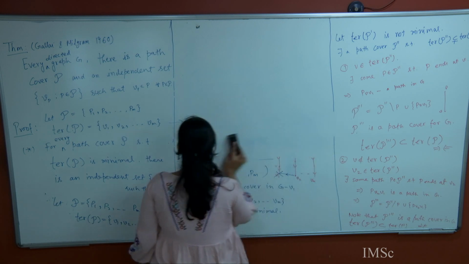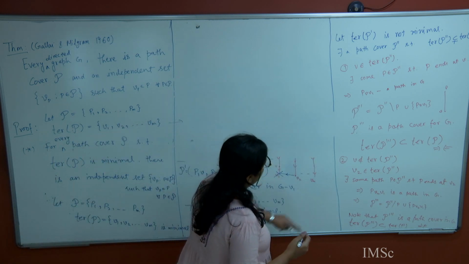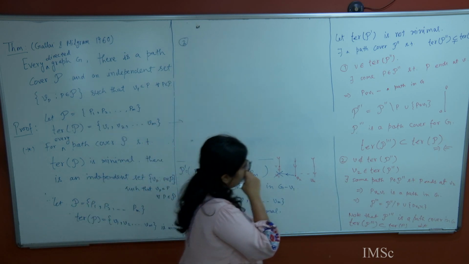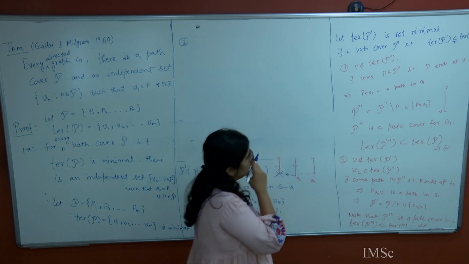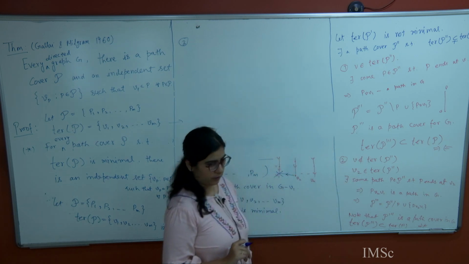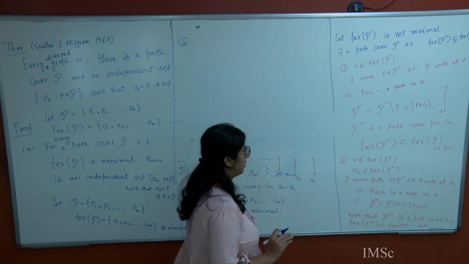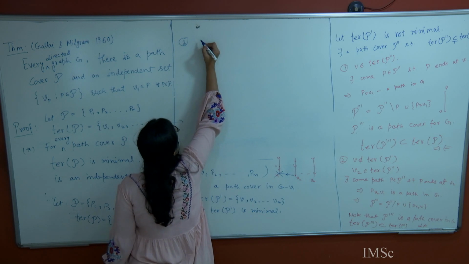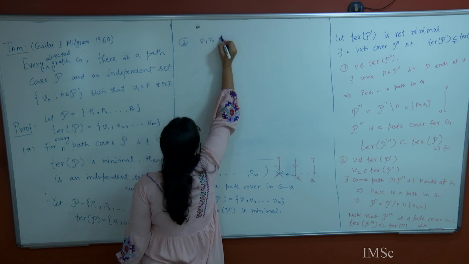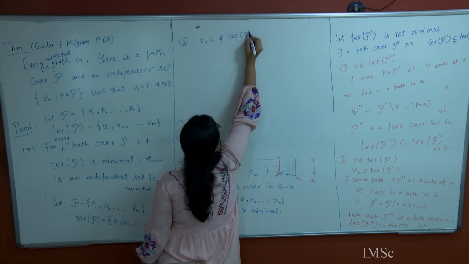So what else do we have now? One final case. V is not there, but suppose V2 is also not there. If V2 is there, we will go into the previous step and get a contradiction. So let V and V2 both not be there in the terminal set of P double prime.